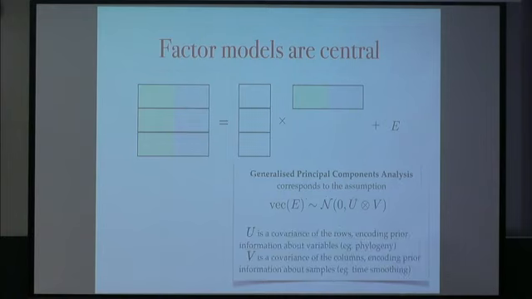So the parameters u and v are a covariance for the rows of the matrix and the columns of the matrix. u would encode prior information about the variables, for example the phylogeny in the taxa, while v encodes the covariance of the columns. So you could have information about whether columns are neighboring in time, for example.